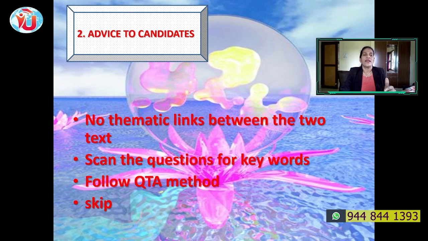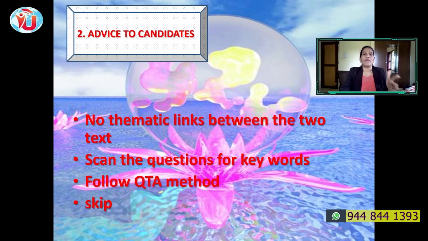And remember, since there is no thematic link here, and since it is a particular text, you need not wait to get the answer which you are not sure of. Just skip it.